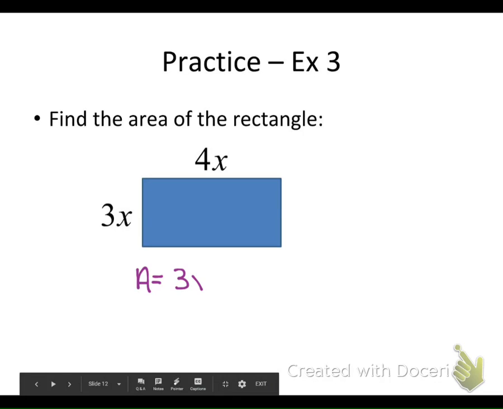Okay, so H times my width. What's my width? Okay, so when we take 3x times 4x, we're going to get 12. 12x what? How many x's do I have? Squared. Good. And box it. So it's going to be 12x squared.